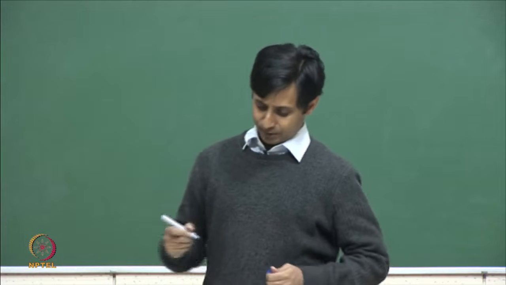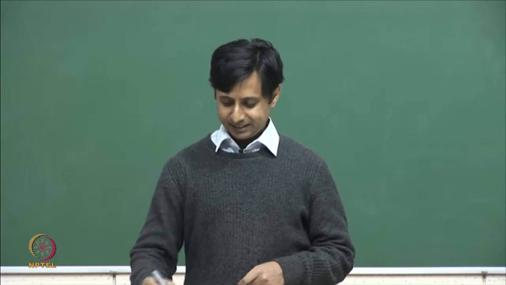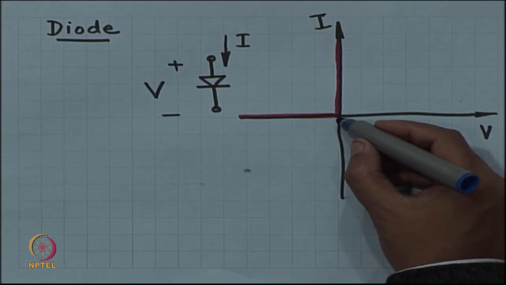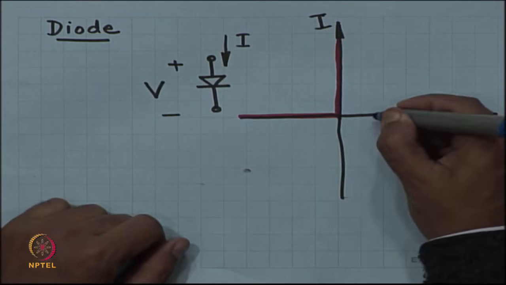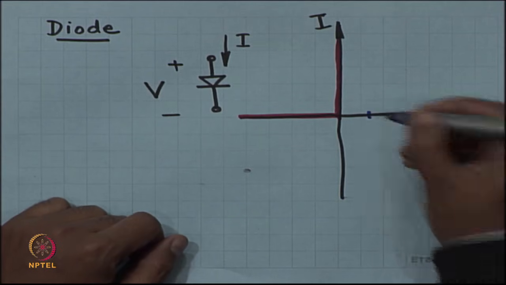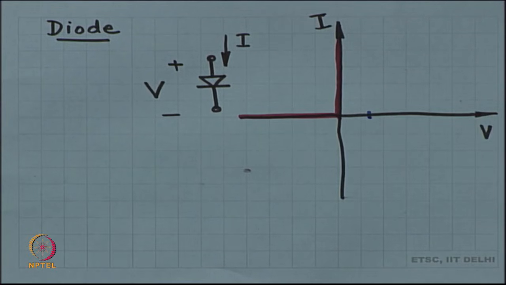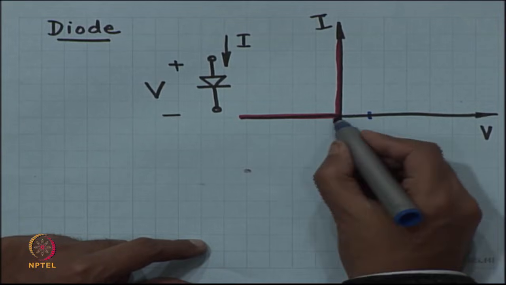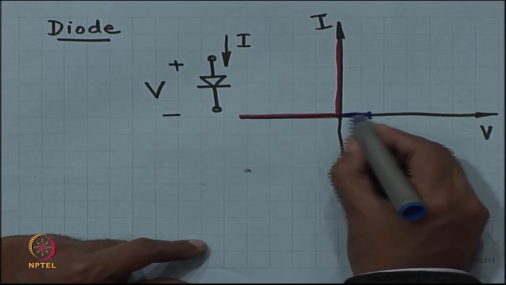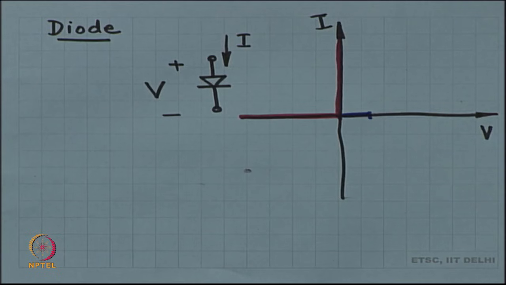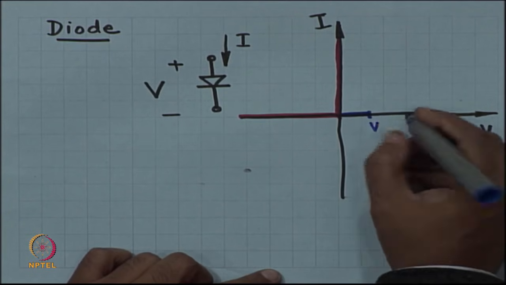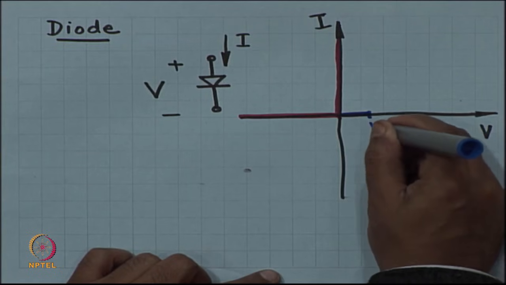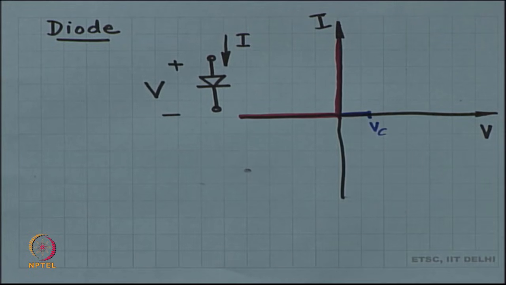Number one imperfection is that it does not start conducting at 0, but at a voltage close to 0. So, there is a non-zero knee voltage over here, non-zero cut in voltage. This is called the cut in voltage, let us call it V cut.